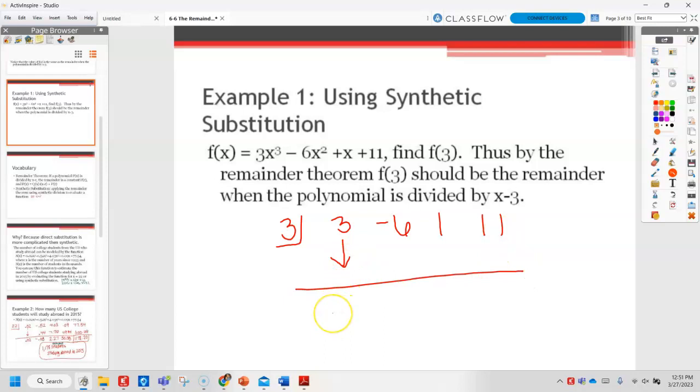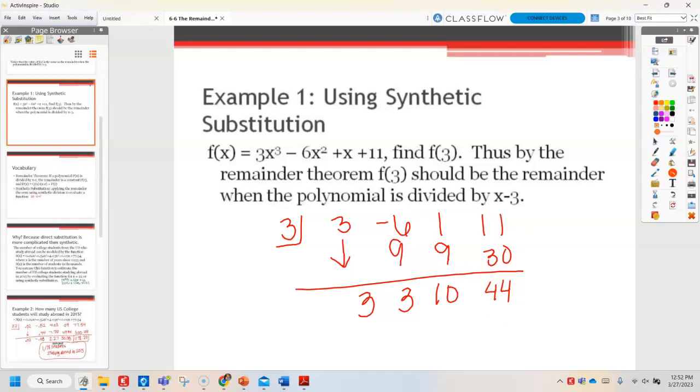Bring down the first. Multiply, so 3 times 3 is 9. Add, 9 minus 6 is 3. 3 times 3 is 9, plus 1 is 10. 3 times 10 is 30, plus 11 is 44.